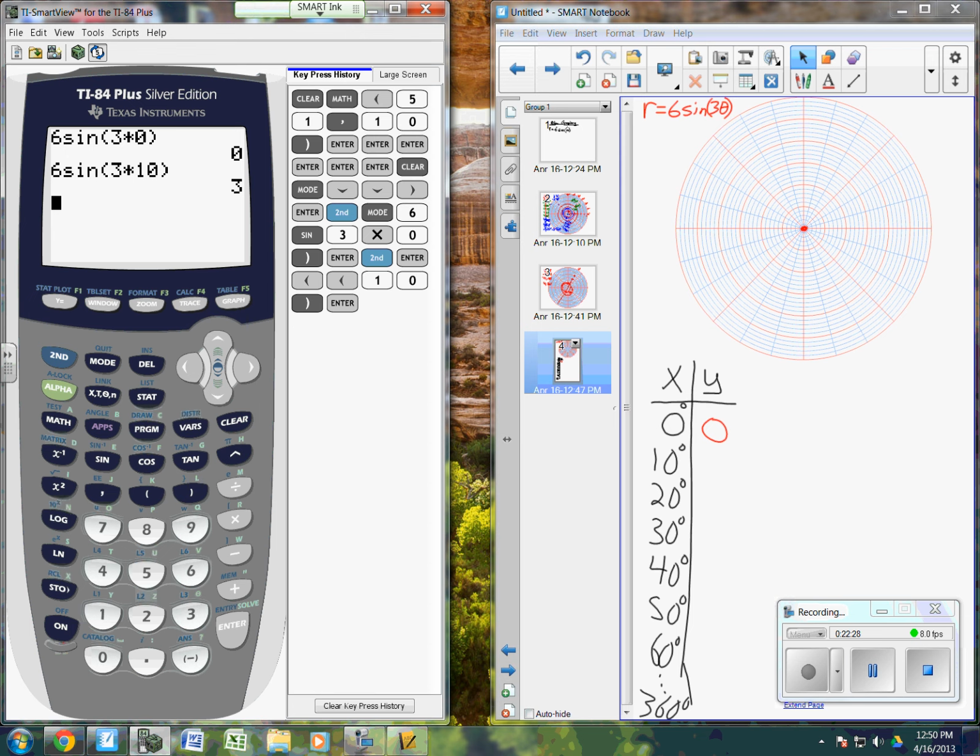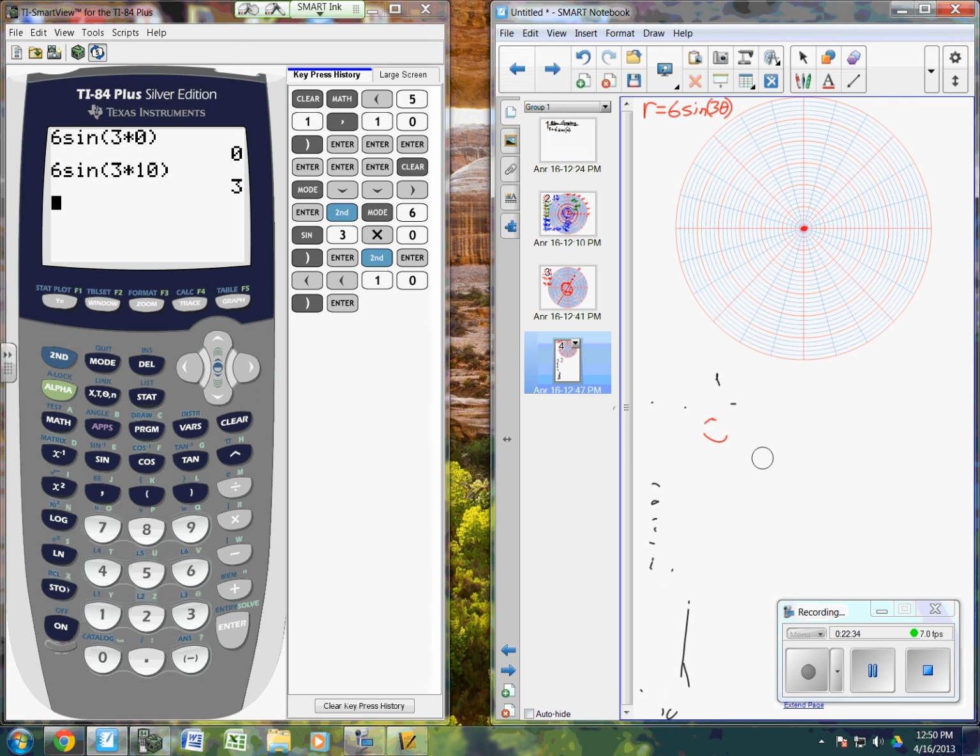Oh, wait, why did I put x comma y? Why didn't you guys say something to me? I'm getting confusing today. I know. Sorry. All right. R and theta. Theta was supposed to be 0, 10, 20, 30, 40, 50.